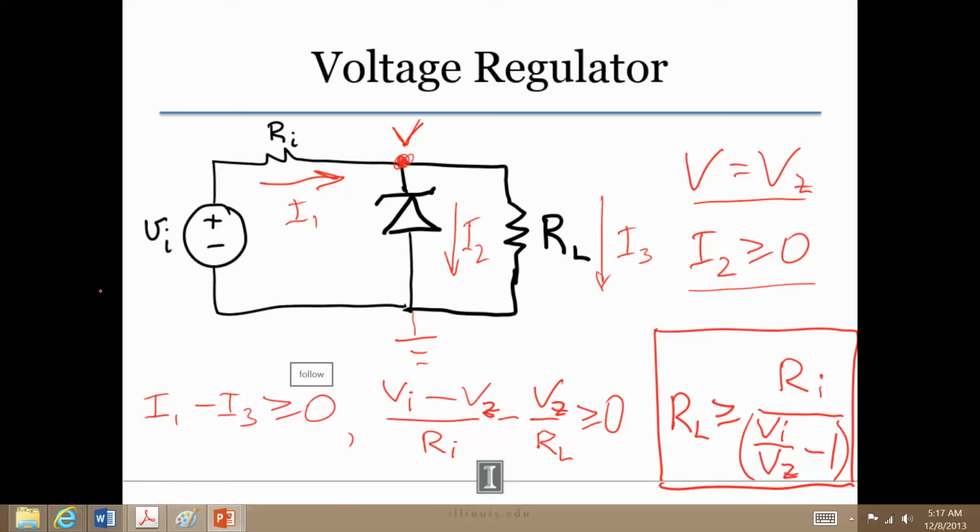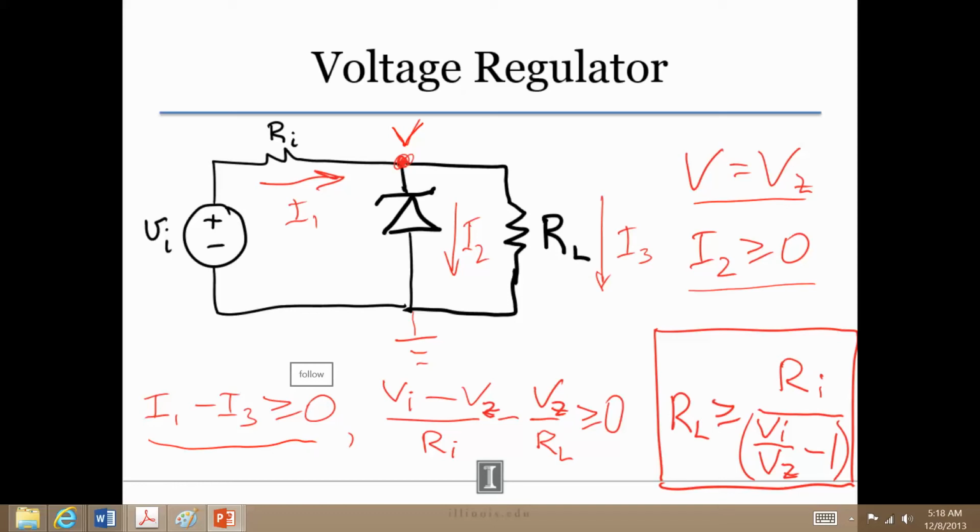We use the Kirchhoff laws or standard analysis in the node voltage analysis, our standard tools. I1 minus I3 has to be greater than or equal to 0. Therefore, using the same analysis we use typically in node voltages, (Vin minus Vz) divided by Ri minus Vz divided by RL is greater or equal to 0.